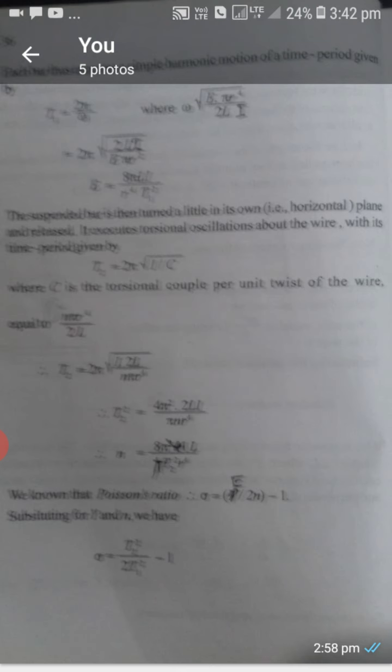Then one pi gets cancelled. Then you cross multiply this n, therefore n is equal to 8 pi I L divided by T2 square into r power 4.